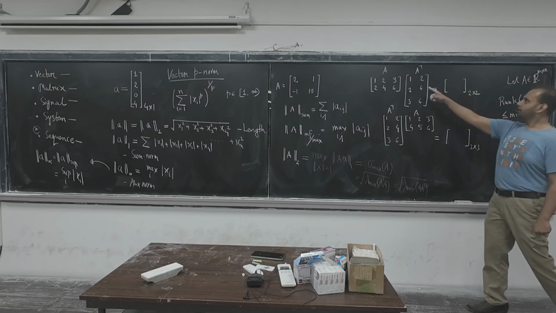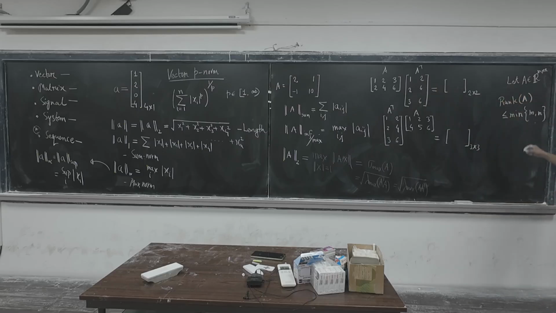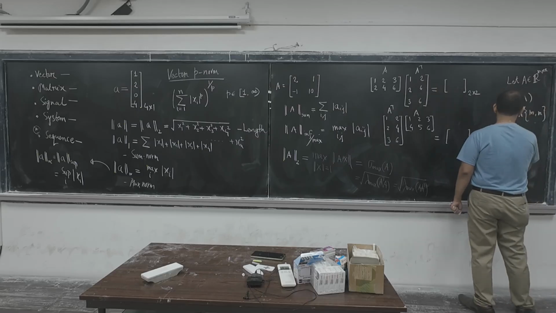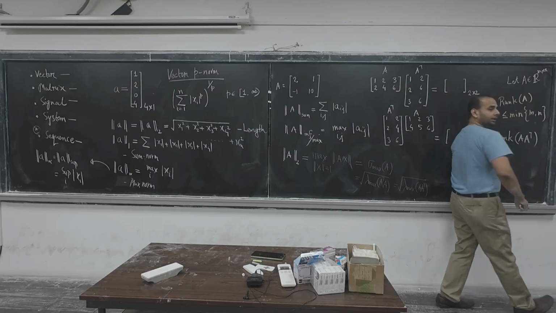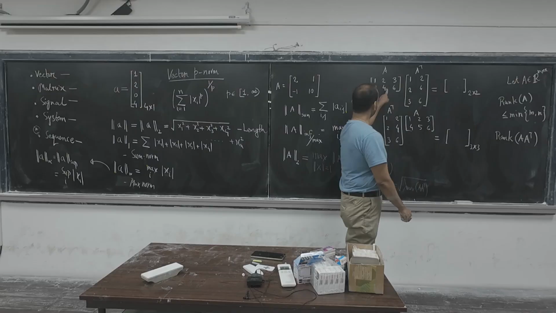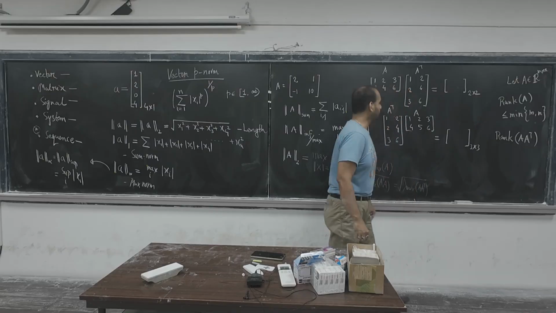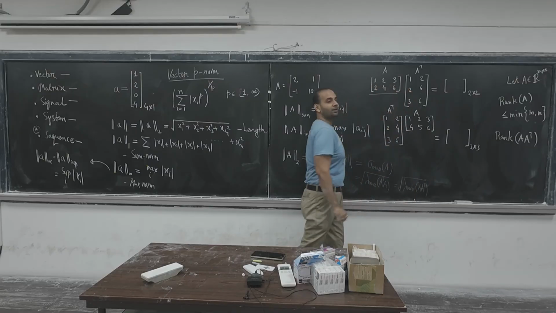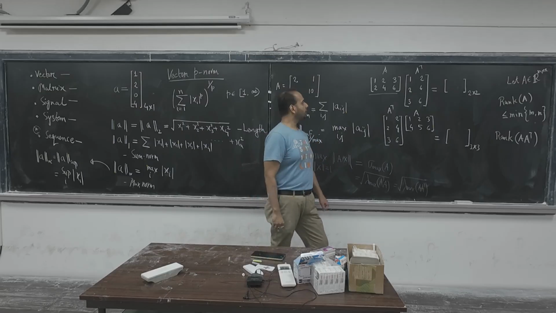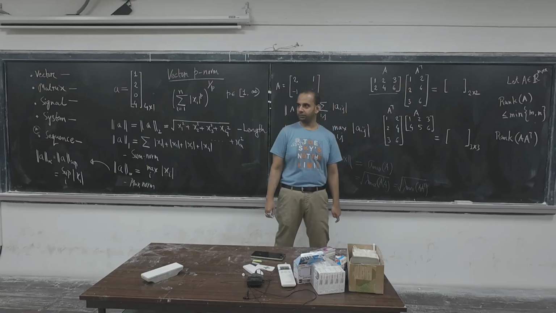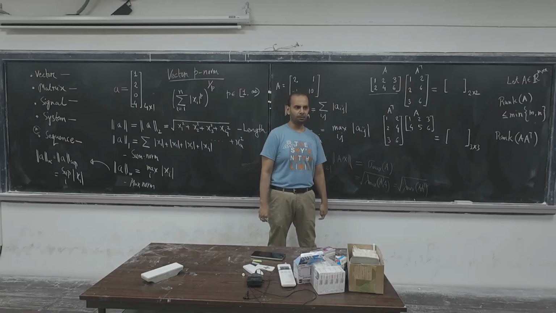So ultimately, what you are trying to get here is the rank of A transpose A. First of all, you decide the rank of A. Everybody please look at the board: here A is a fat matrix. For a fat matrix, what could be the maximum rank? The number of rows.